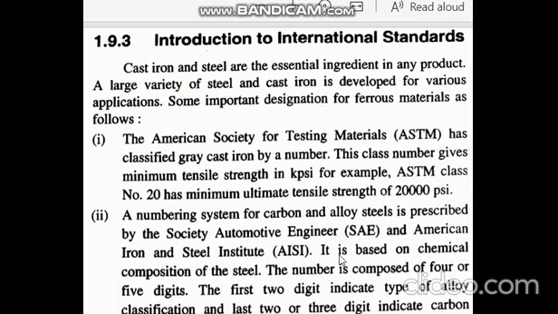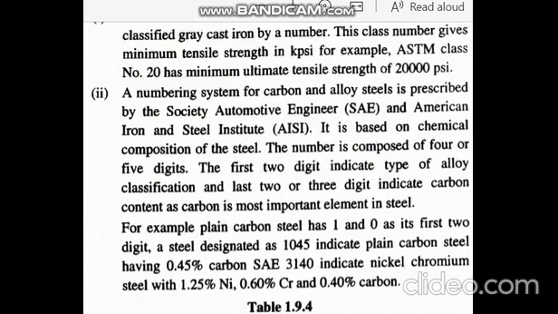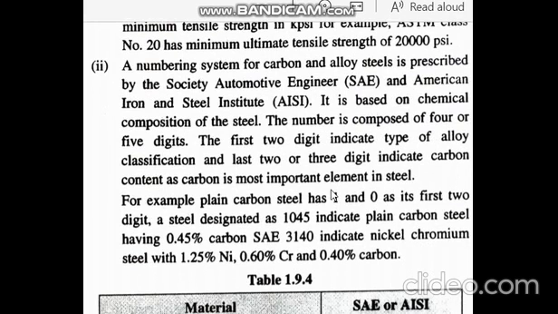So these AISI standards and SAE standards are based on the chemical composition. For example, carbon steel has 1 or 0 in the first two digits, as steel designated as 1045, SAE 1045.